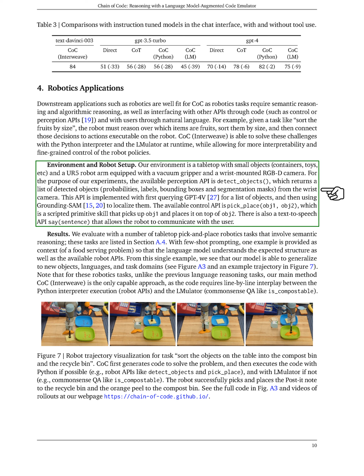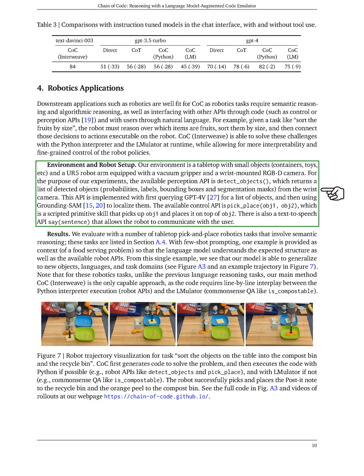The control API we're using is pick_place(obj1, obj2), a basic script that picks up one object and places it on top of another. We also have a text-to-speech API, say(sentence), that allows the robot to communicate with the user. We tested our setup with a variety of tabletop pick and place tasks that required semantic reasoning.